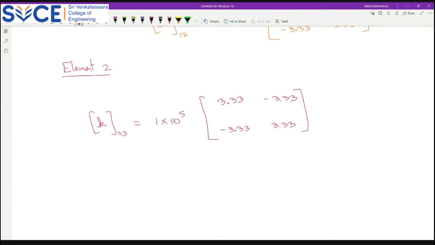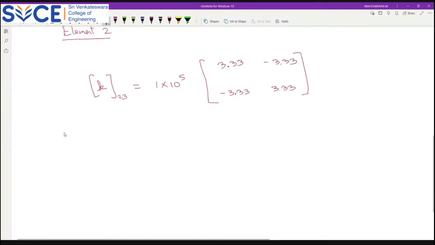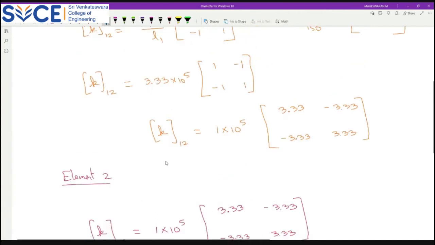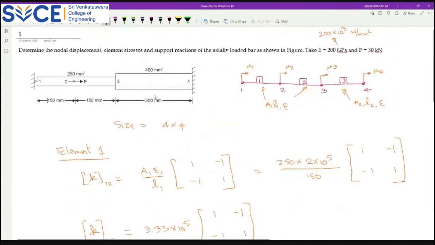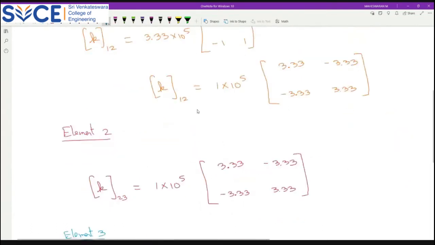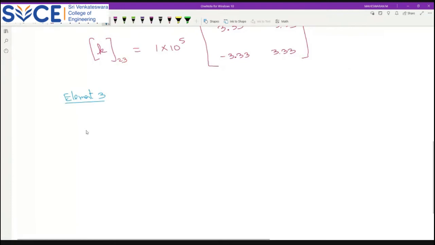Okay, right. So next we'll go for element 3. When you go for element 3, look here. This element is a full element. Of course, it considers A2 E2 by L2, right?